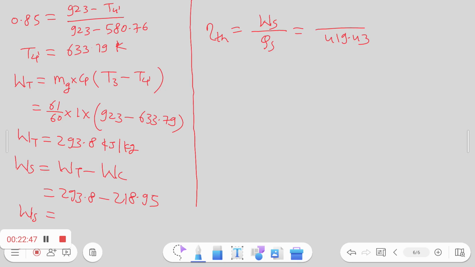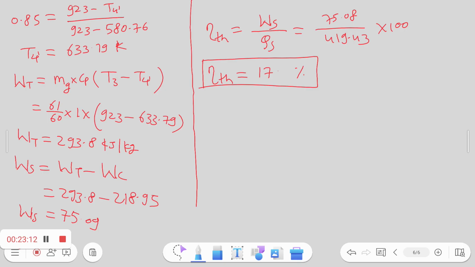Shaft work is how much? 175.08. Okay. From this, thermal efficiency is how much? 17 point something percent.